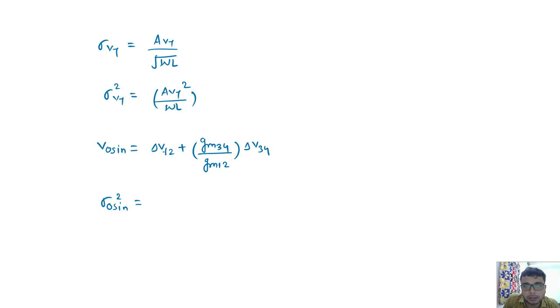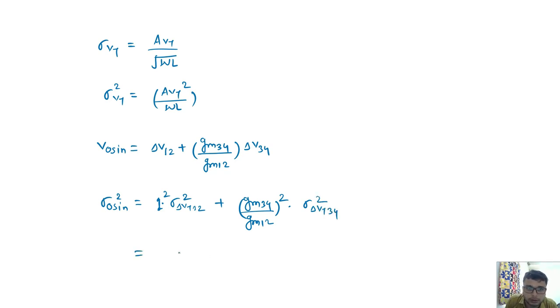Okay, so sigma of input total will be what? If I differentiate with respect to del VT12, then what will be here? 1, and what will be the standard deviation? 1. Its differentiation is 1. Plus for this term, gm34 over gm12 squared times sigma of del VT34 squared.